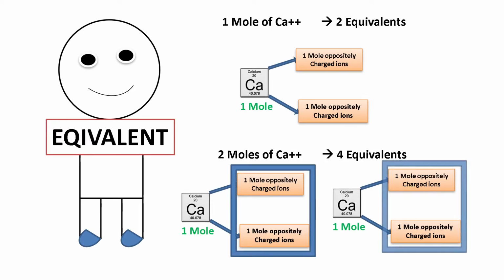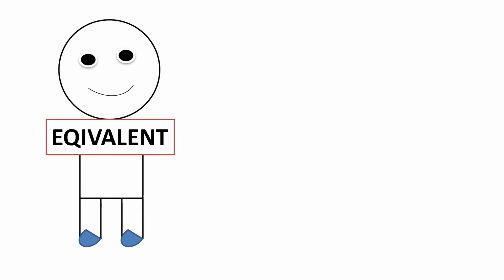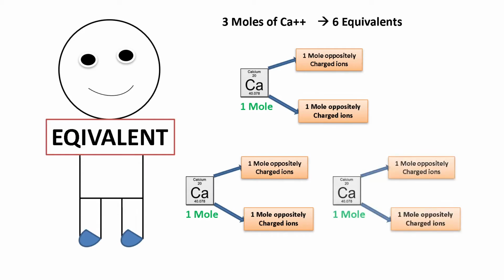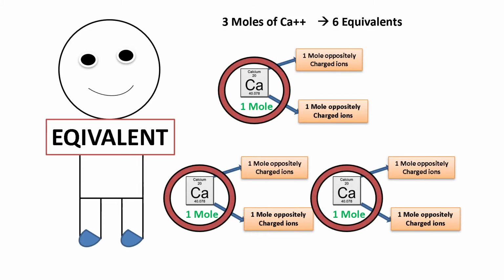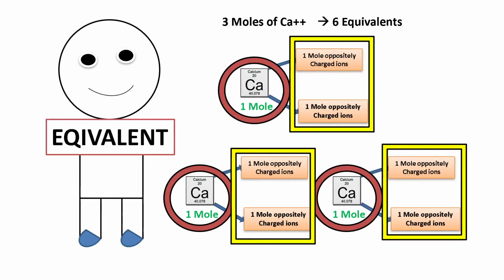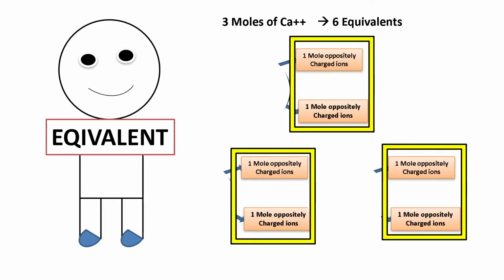So, it is 4 equivalents. 3 moles of calcium will be 6 equivalents because each mole of calcium will require 2 moles of oppositely charged ions. Here there are 3 moles of calcium, but since each calcium will require 2 moles of oppositely charged ions, hence 3 moles of calcium ions will be 6 equivalents.